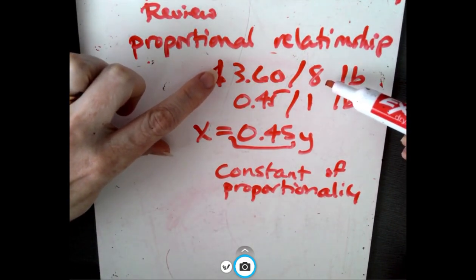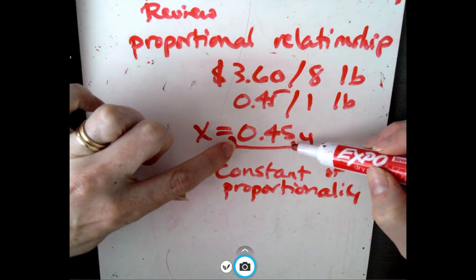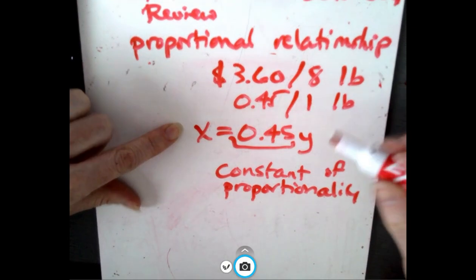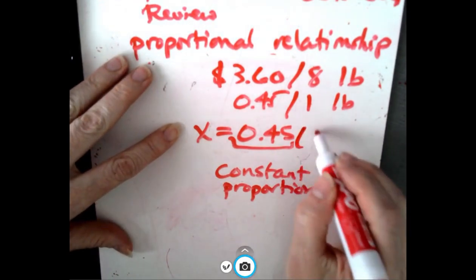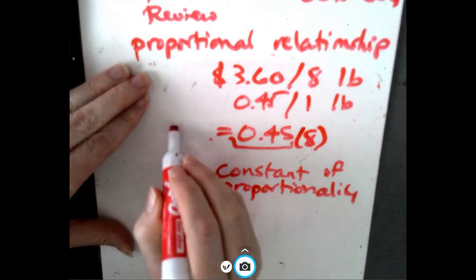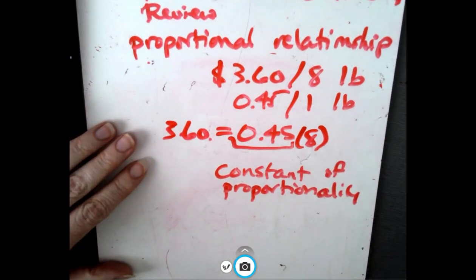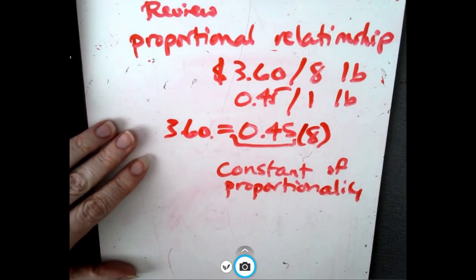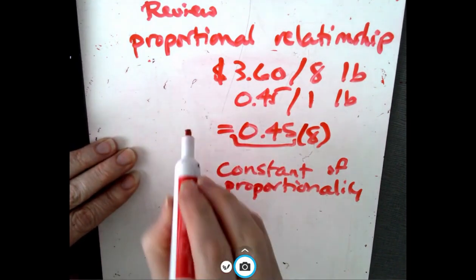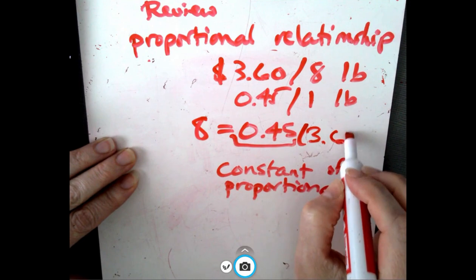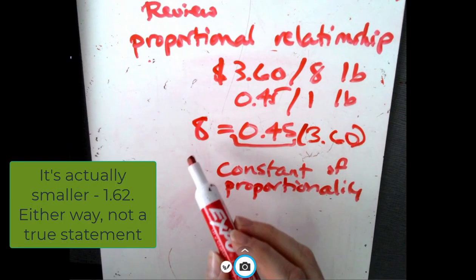So, constant of proportionality. And then what you need to do is decide which term is the x and which term is the y. Well, what times 0.45 is going to give me x? If I put 8 in here and I put 360 in here, will that give me a true statement? Is 8 times 0.45 360? Yeah, but if I did it the opposite way and I had 8 here, and I put 3.6 here, I'm going to end up with something much bigger.